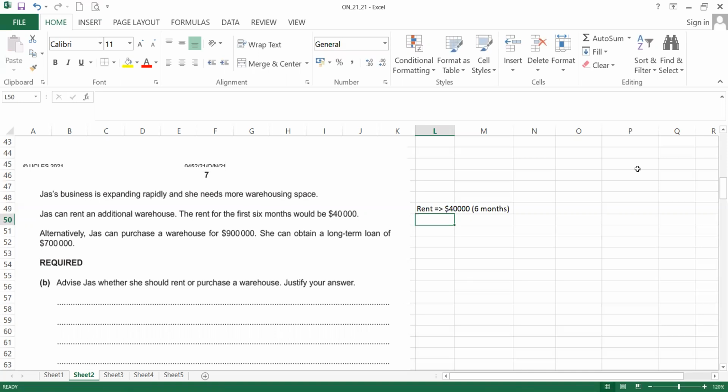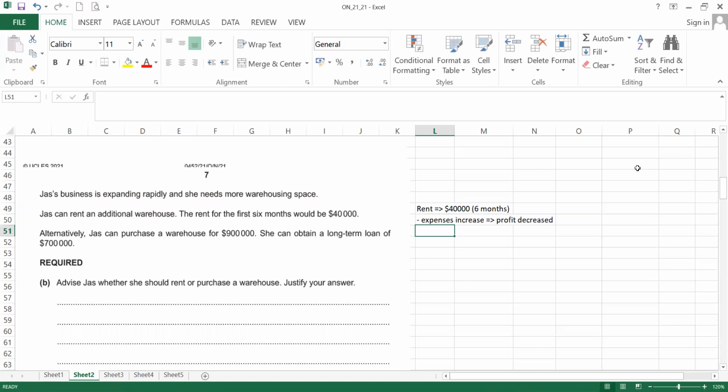So the profit will reduce. So expenses increase, and then profit decreases.